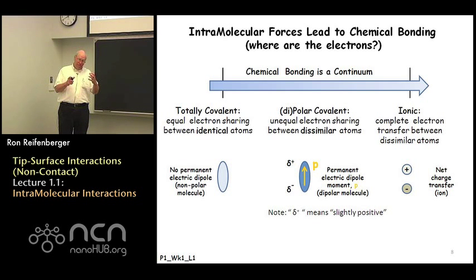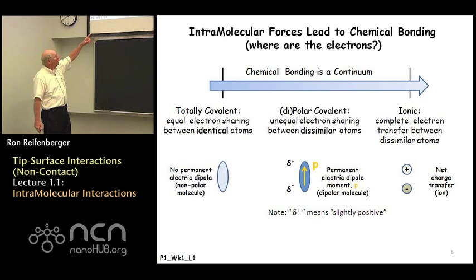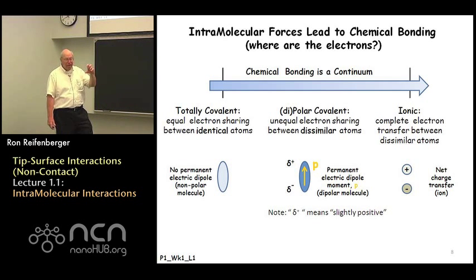And this unequal electron sharing gives rise to a permanent electric dipole moment, which in these lectures is referred to by the symbol P. So this permanent electric dipole moment is indicated by this elliptical shaped object. It indicates that one end of the molecule is slightly positive, the other end of the molecule is slightly negative, and this separation of charge due to this dipolar covalent bonding gives rise to dipole moments.